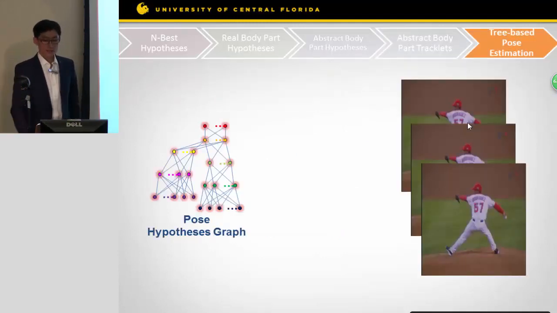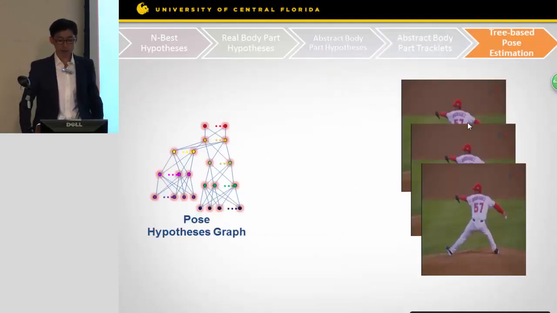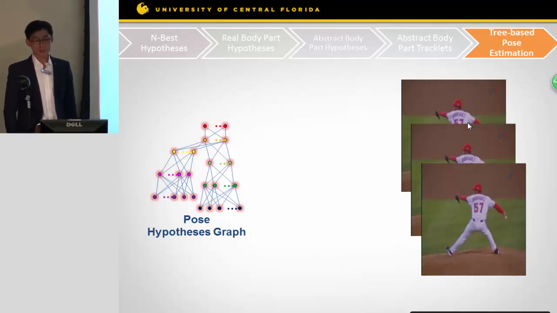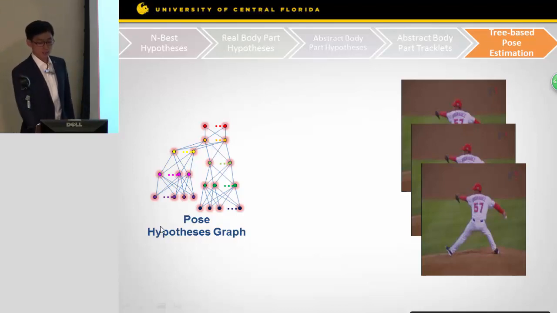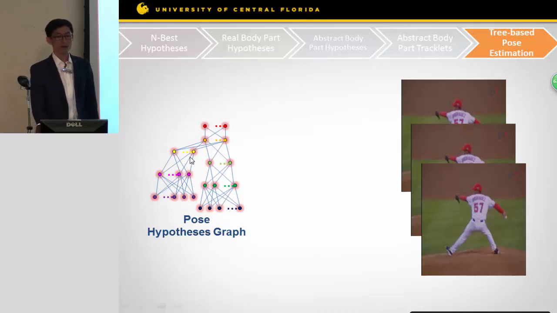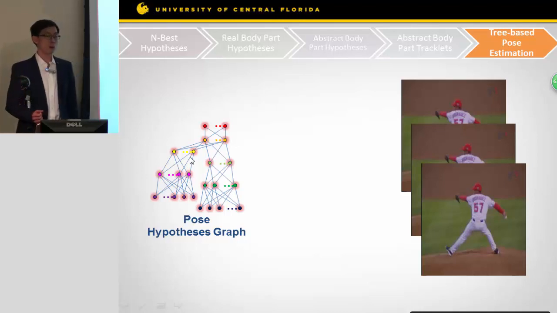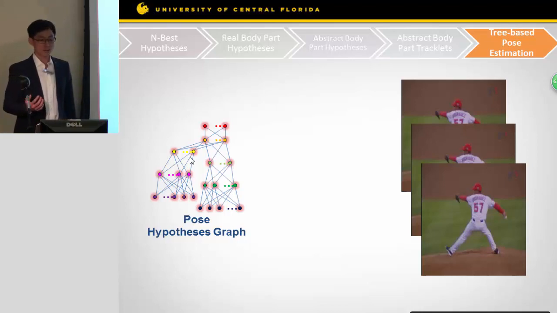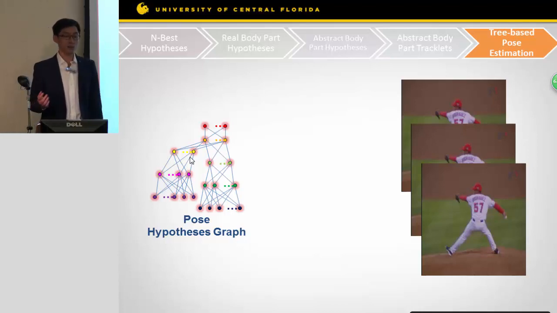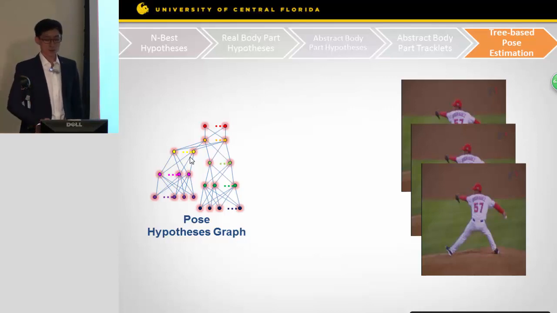And as the last stage of the proposed method, we call it tree-based pose estimation because the relational graph for this problem is a tree. This is the pose hypothesis graph. In this graph, each node represents one body part tracklet throughout the video frames. For different body parts, we have multiple nodes to represent multiple tracklets.